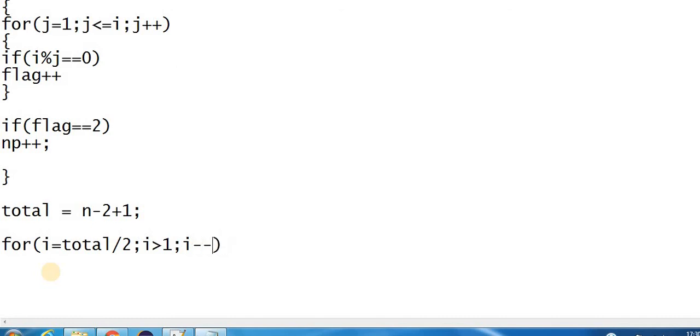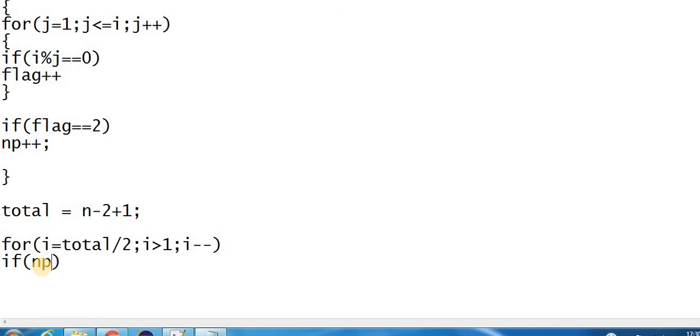Okay, so now we'll check if a factor divides both the numerator and the denominator. How do we know it divides? The modulo of the number with i should give 0.